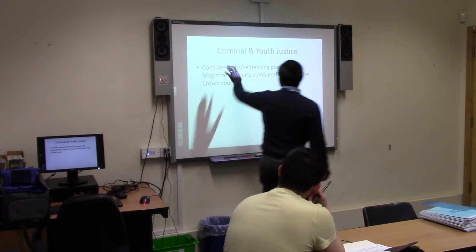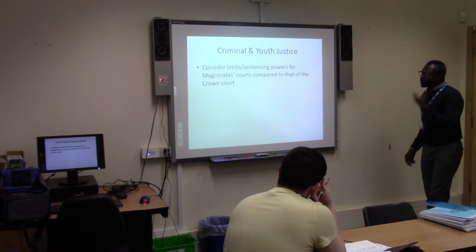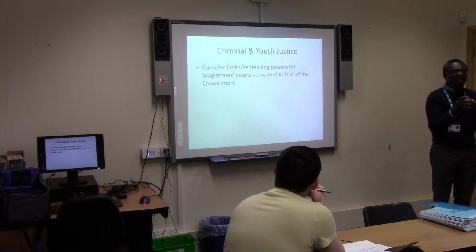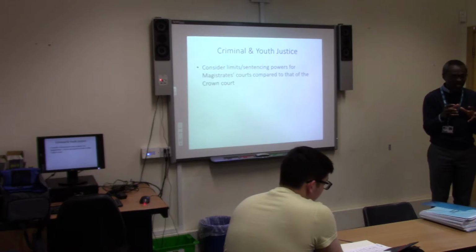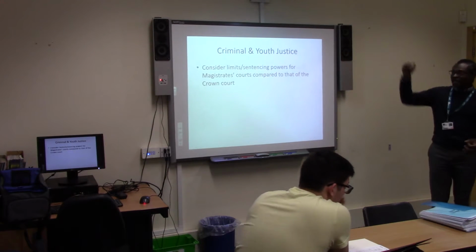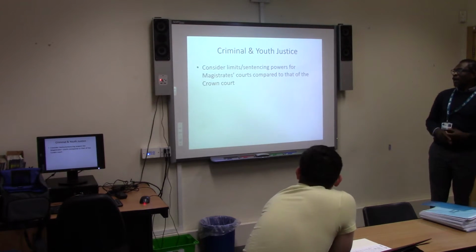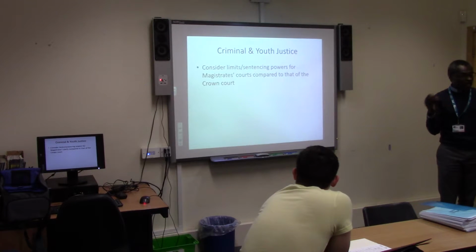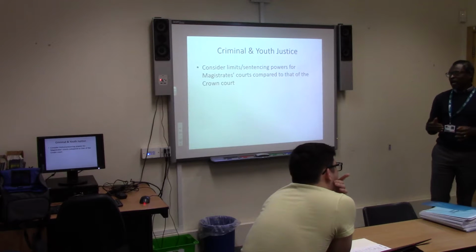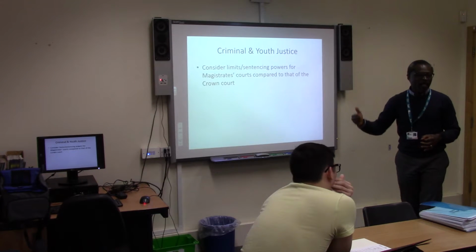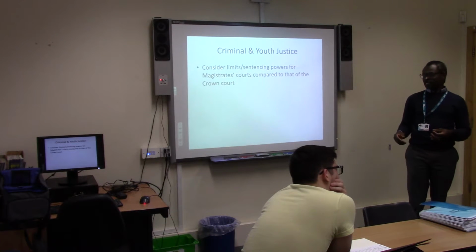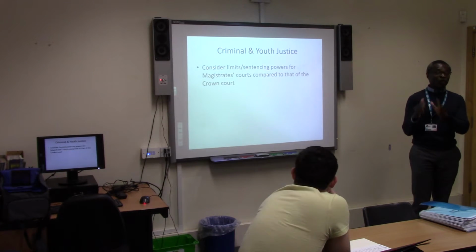Right, limits on sentencing, very important. Have a look at various cases that will be dealt with in the magistrates' court and suggest what the sentence might be based on either a case or an Act of Parliament, and then do the same for the Crown Court. You're looking at the different types of cases dealt with in these different courts and suggesting sentences with reference to legal authority. If you look at the Theft Act 1968, for example, that will give you a clear example of the maximum sentence.